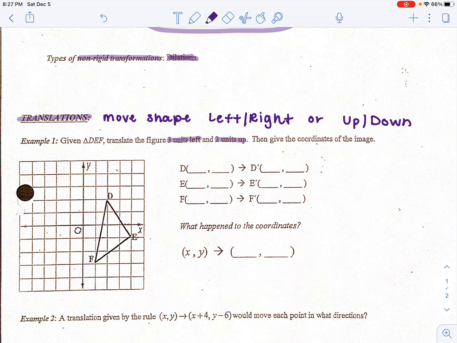All right, so what it wants us to do first is it wants us to write the coordinates of the actual figure. So let's start with writing the coordinates of D, E, and F. So here's point D, and here's the origin. I'm actually going to highlight this a little bit darker for us so we can see it a little bit better.